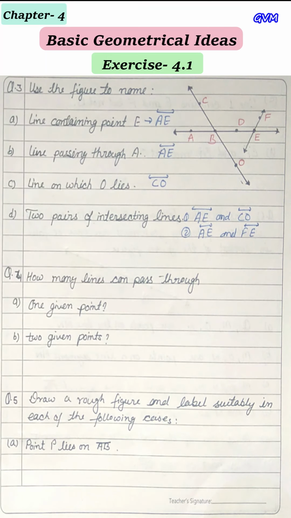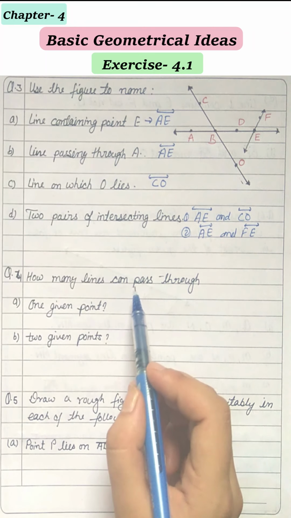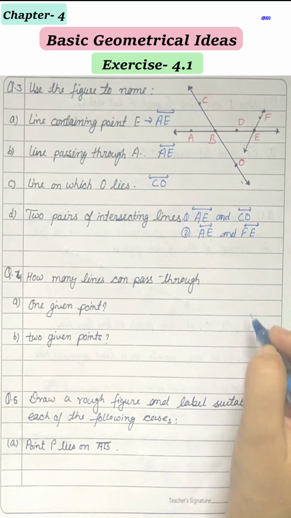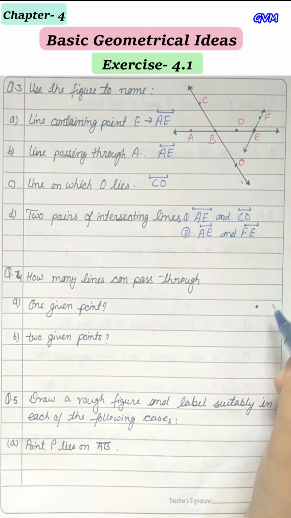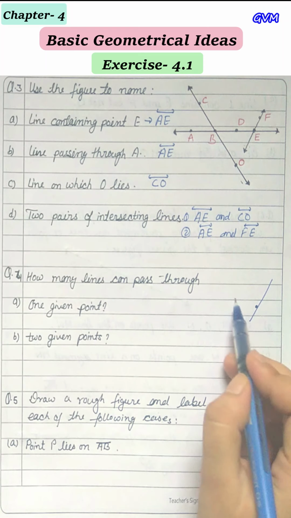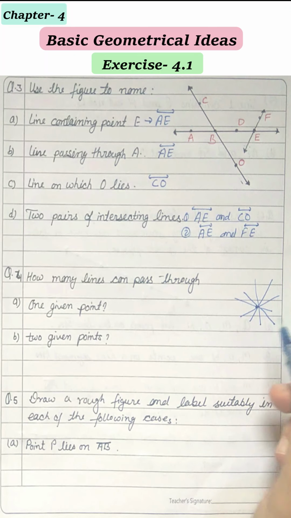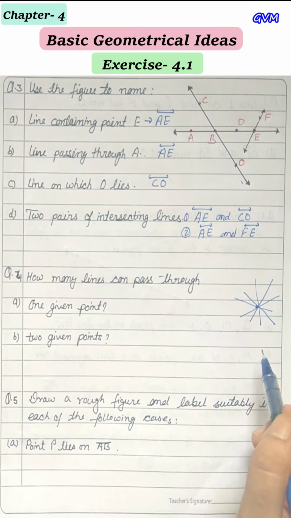Okay. Question number 4 we have: how many lines can pass through one given point? So if we have one point, how many lines can pass through this point? 1, 2, 3, 4, 5. That means so many lines. Okay, we cannot say that only 5 lines, only 3 lines, or only 1 line can pass.